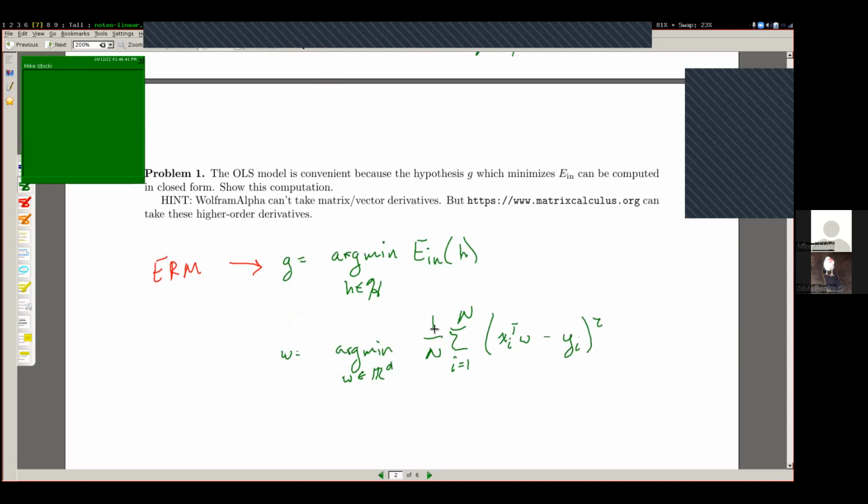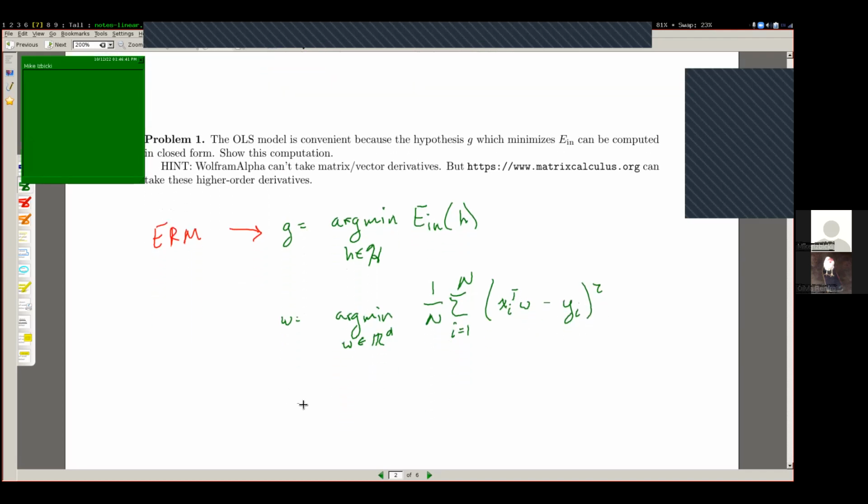And again, it'll be a little bit more convenient to say that that's the argmin over w in R to the d of the norm of Xw minus y squared, like that.